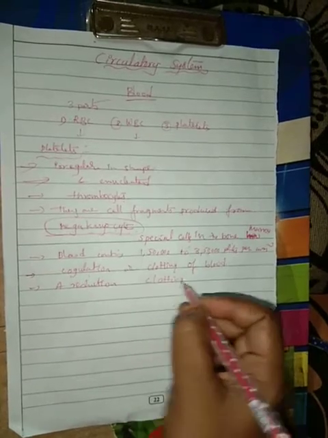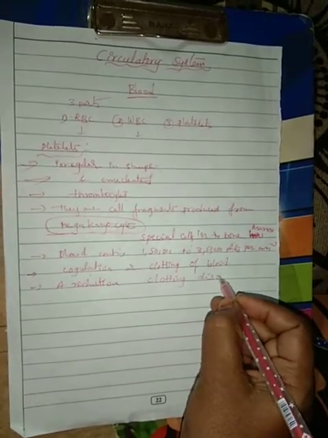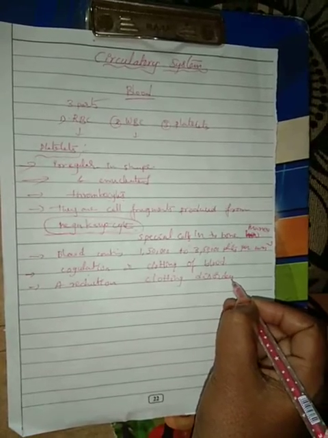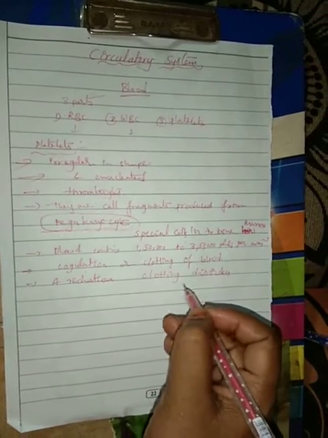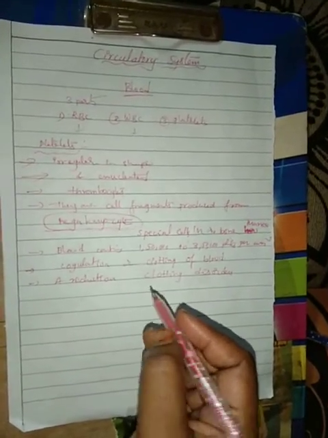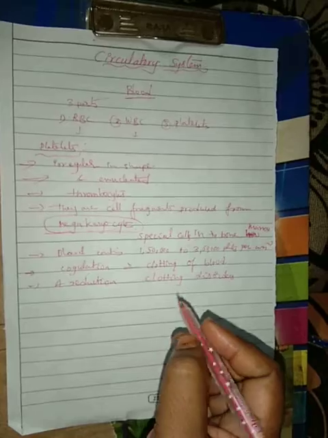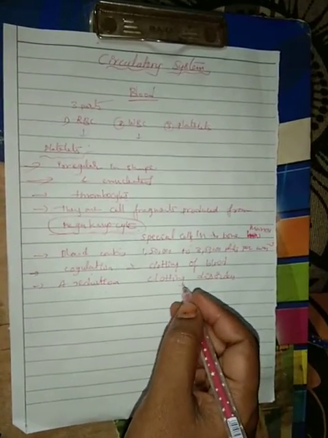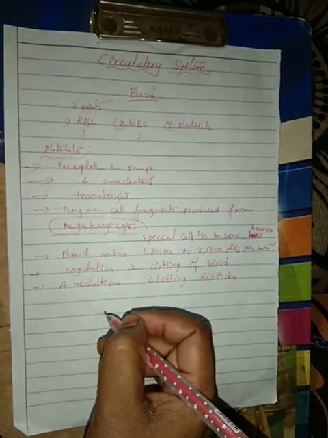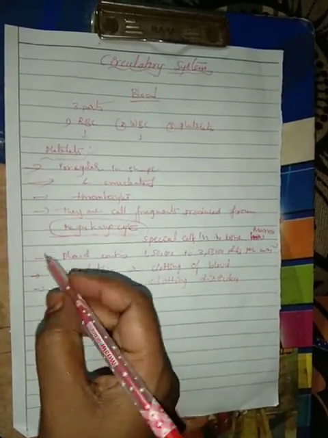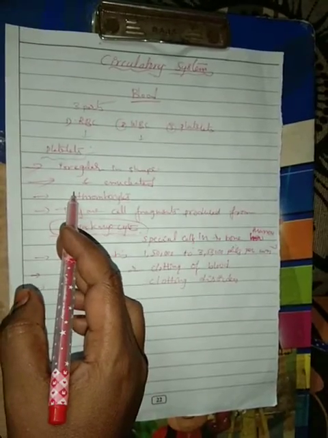Clotting disorders lead to excessive loss of blood from the body. So a reduction, that is the clotting disorder, leads to excessive loss of blood from the body. So that is the very important characteristic of the platelets.